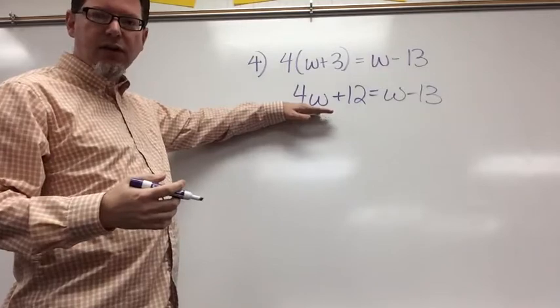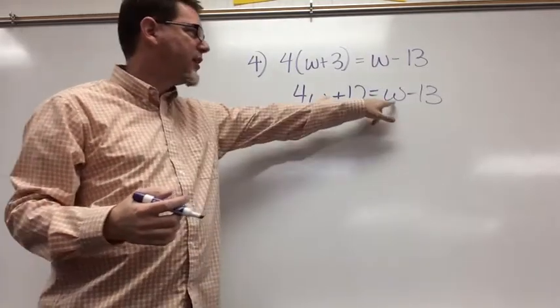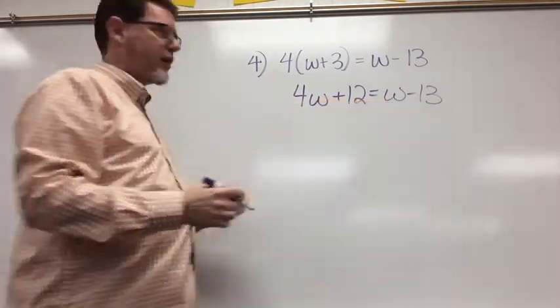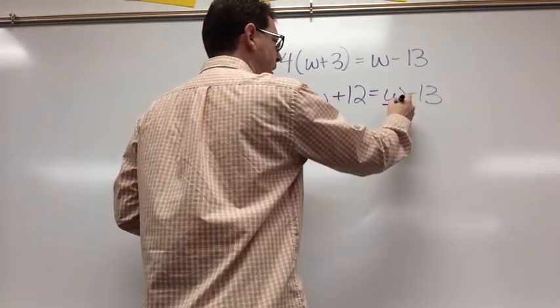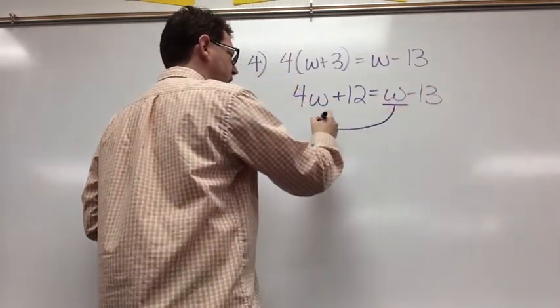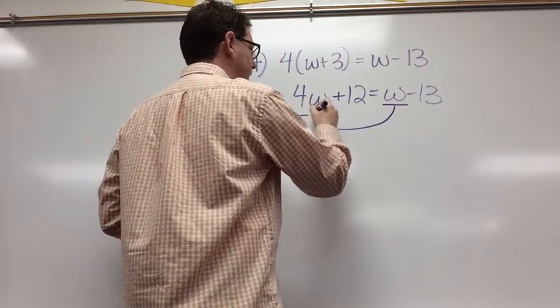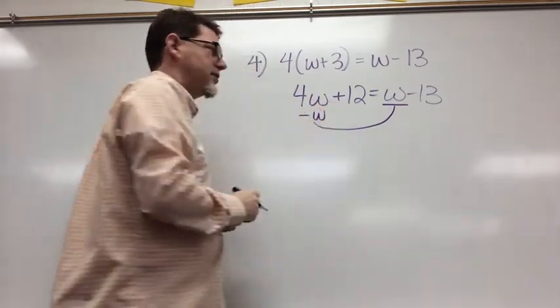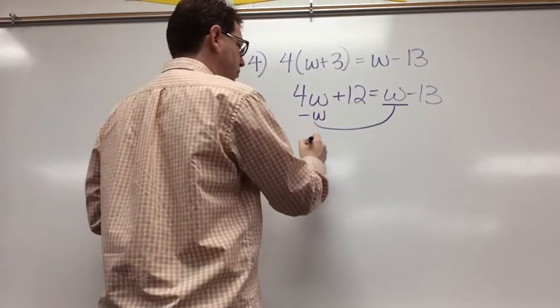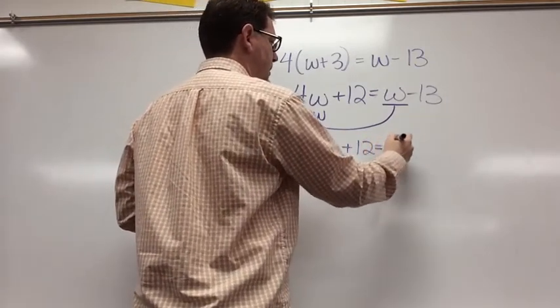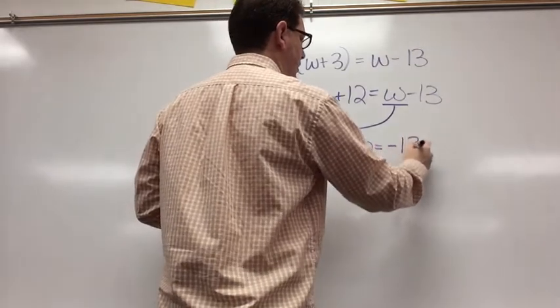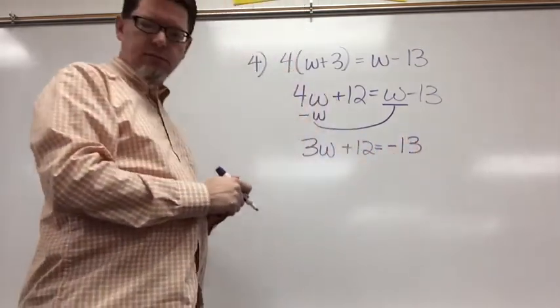It's right here. So I want to leave it there. I'm going to move this w over here. Well, this w is positive. So when I magically cross the equal sign, it becomes negative. So I end up with 3w plus 12 equals negative 13.